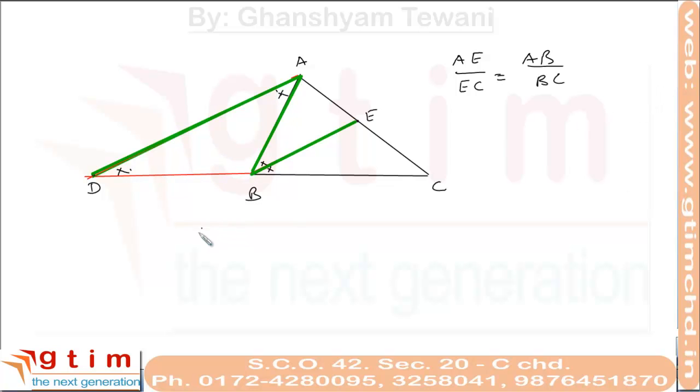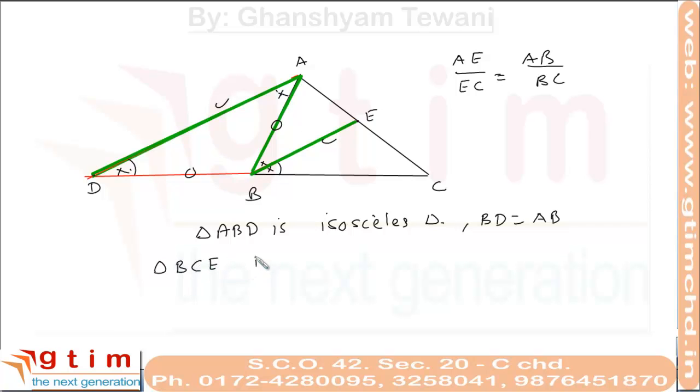So triangle ABD is isosceles triangle. So we have BD is equal to AB. These two sides are equal. Now, since these two sides are parallel and these angles are equal, triangle BCE is similar to triangle DCA.